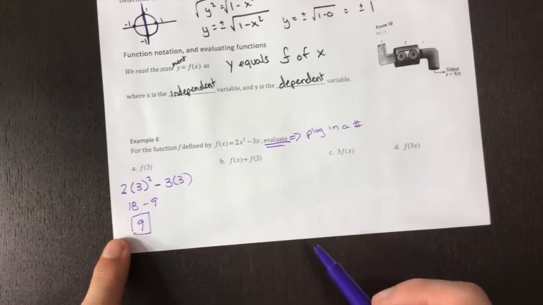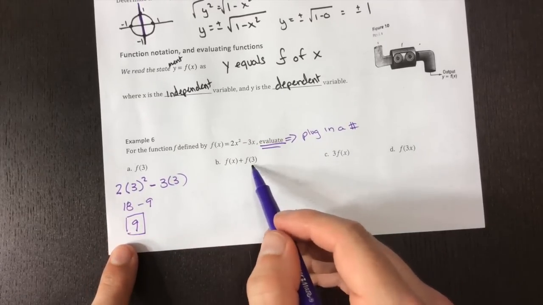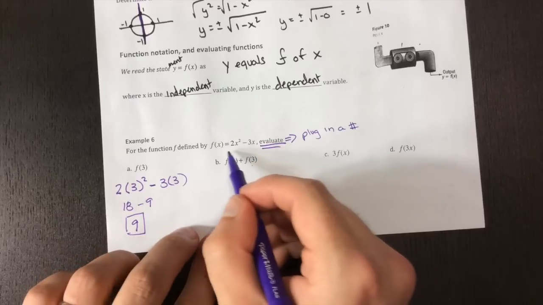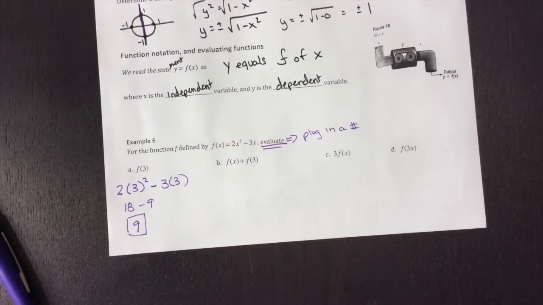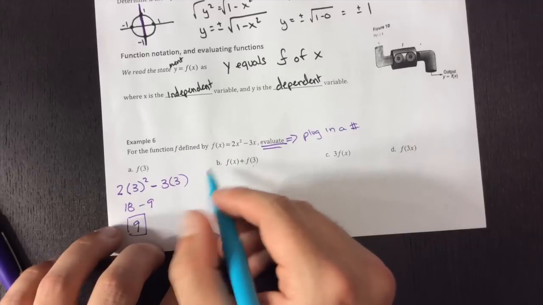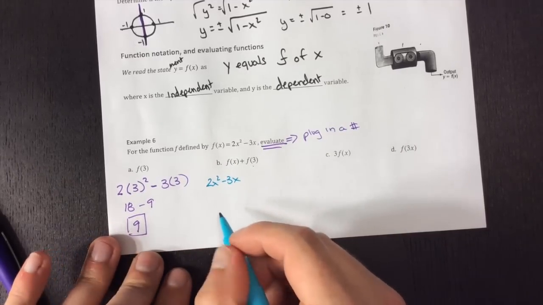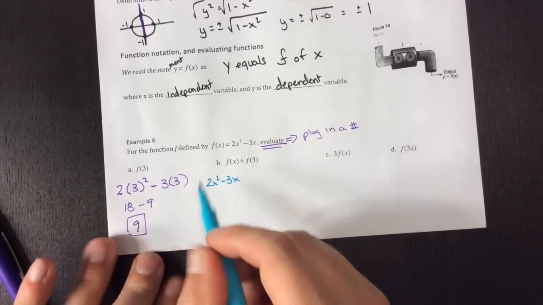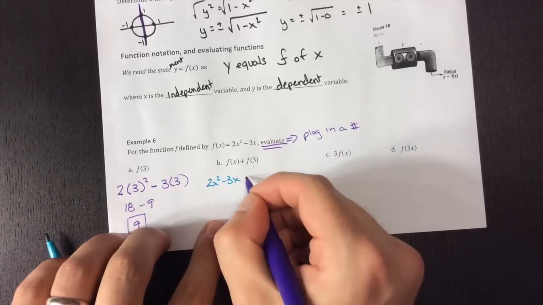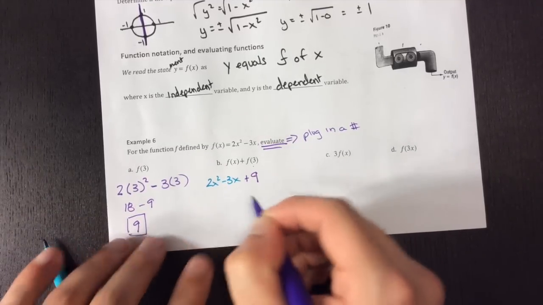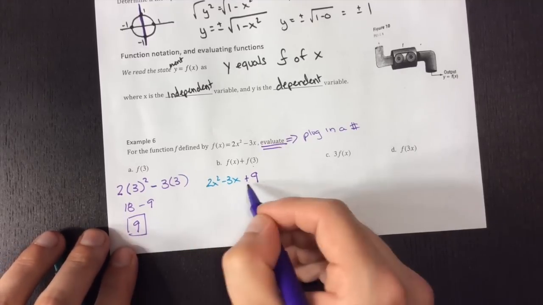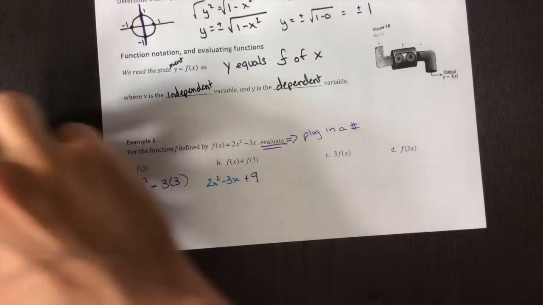So I get 9. How about f of x plus f of 3? Well, f of x is just this equation. So when I write out f of x, I just write 2x squared minus 3x. And we've already found out what f of 3 is, so I'm just going to write plus 9, because that's what f of 3 is.